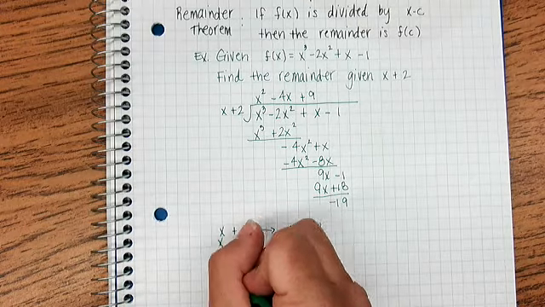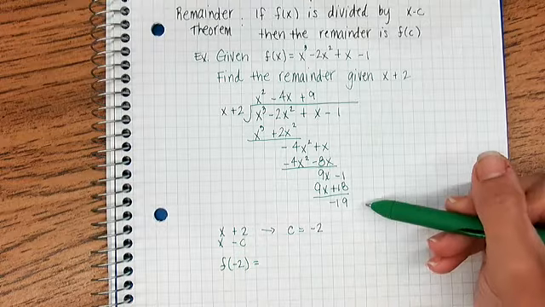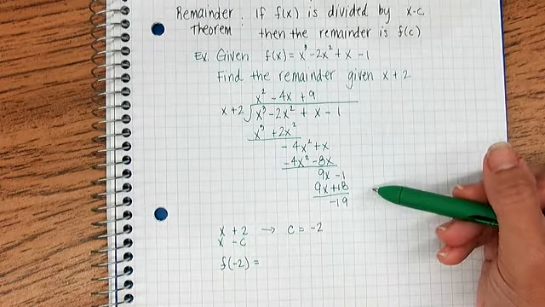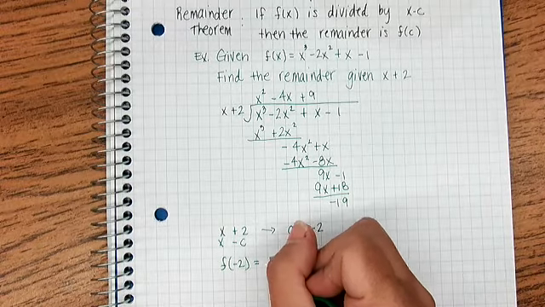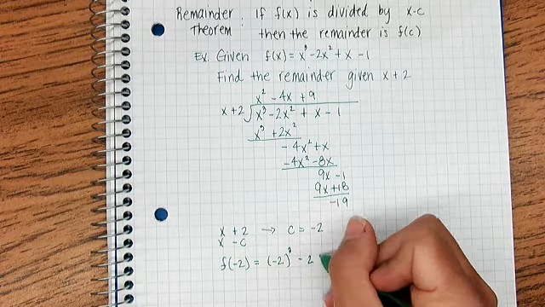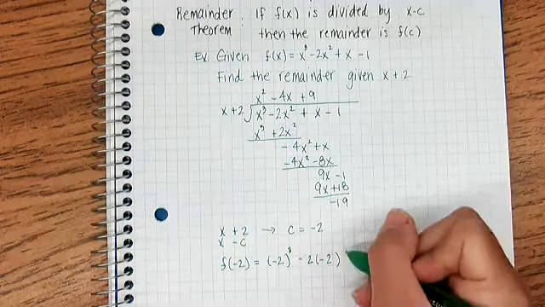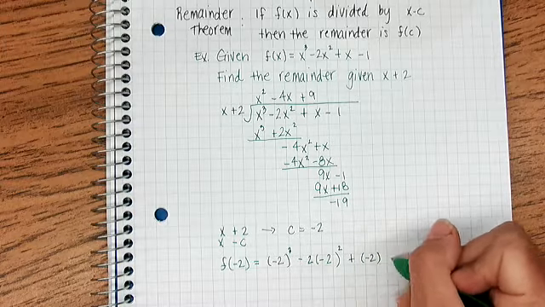So let's use the remainder theorem. And the remainder theorem says that f of negative 2 should be our remainder, negative 19. All right, let's take a look. So when you plug in negative 2, you get negative 2 cubed minus 2 times negative 2 squared plus negative 2 minus 1.